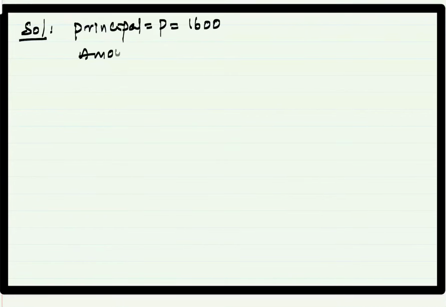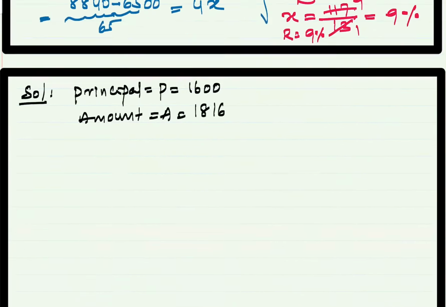Using that information, now I am going to write the given information. Solution. Here, in the second problem, the principal P is equal to 1600, amount A is equal to 1816.